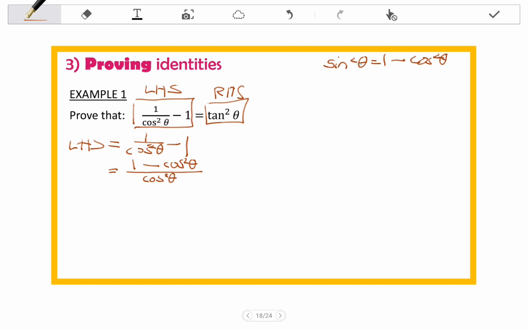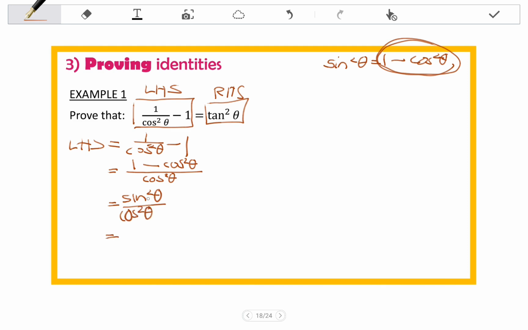Remember that it starts off with sine theta all squared plus cos theta all squared equals 1. If I solve for sine theta squared, I get this. So I know that 1 minus cos theta squared is equal to sine theta squared. So I replace the numerator with the sine theta squared. And I have sine theta squared over cos theta all squared.